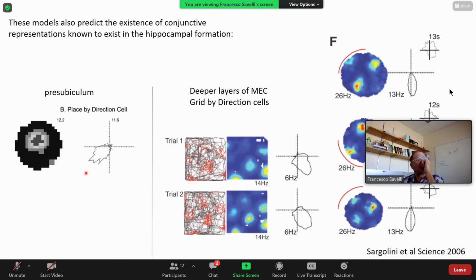One thing, I probably should change the order of these slides, but as we said, for the system to work, you need to have those additional cells that have sensitivity to position and direction and speed, right?